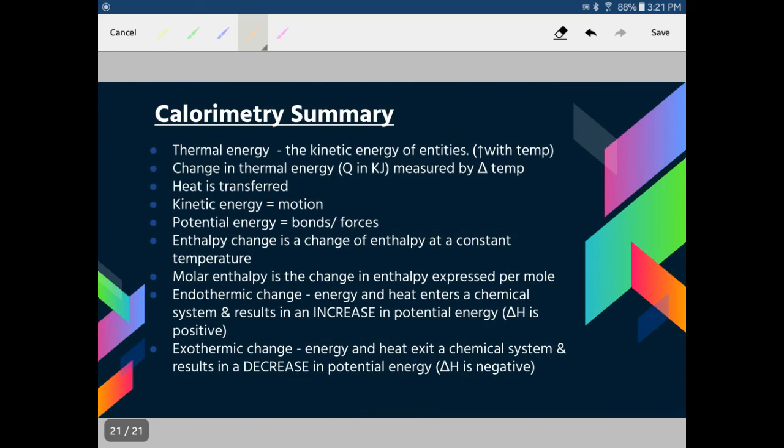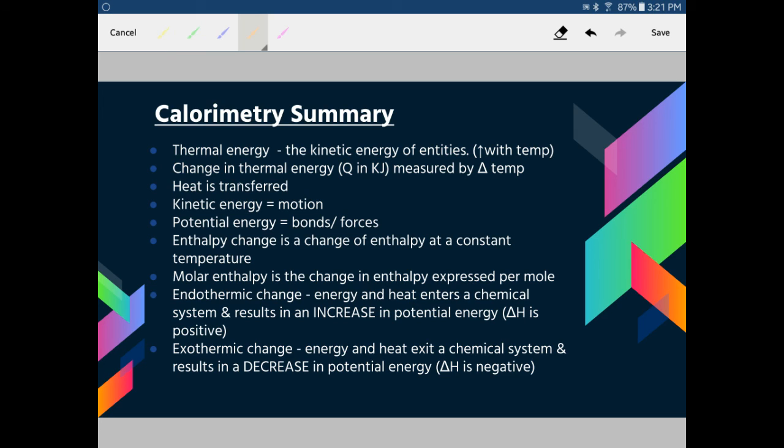So if we look at a summary here, this is our last slide, and this is just a very general summary of what we've covered so far in thermochemistry. Thermal energy is the kinetic energy of entities, and it increases with temperature. Our change in thermal energy is Q in kilojoules, and it's measured by the change in temperature.